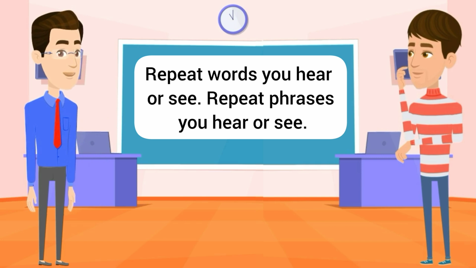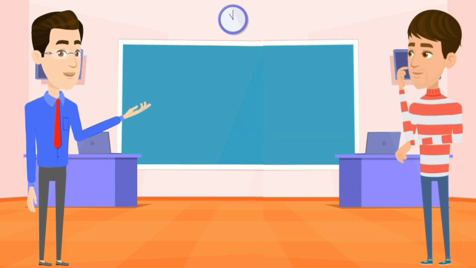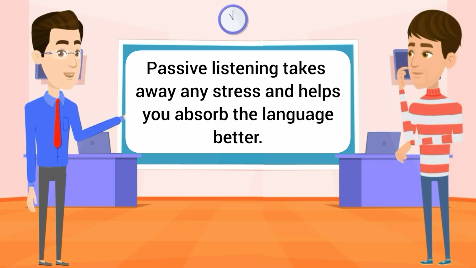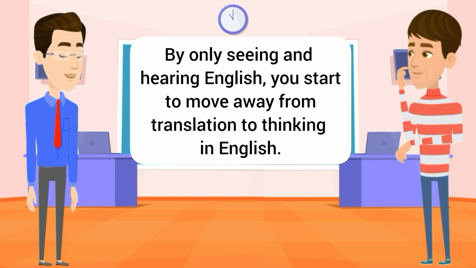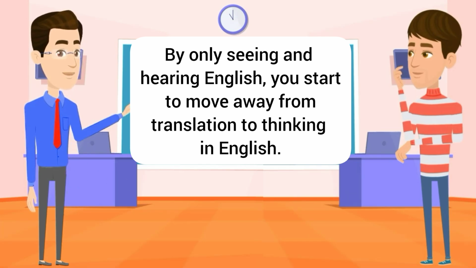Repeat phrases you hear or see. Passive listening takes away any stress and helps you absorb the language better. Repeating words and phrases gets you to activate new vocabulary so you can start using it fluently. By only seeing and hearing English, you start to move away from translation to thinking in English.